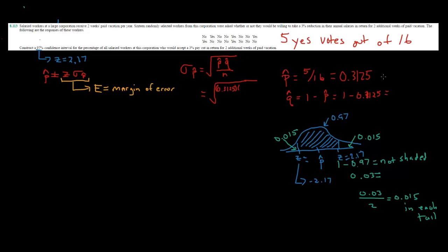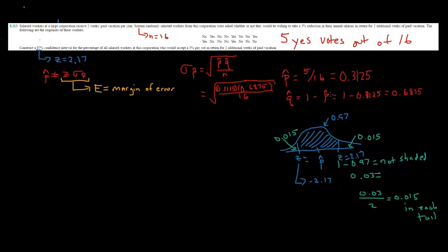What does that equal? I get 0.6875. So 0.3125 times 0.6875, divided by n. If you go back up here, n equals 16. That's our sample size.